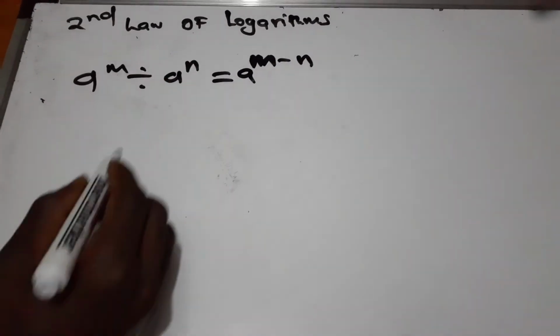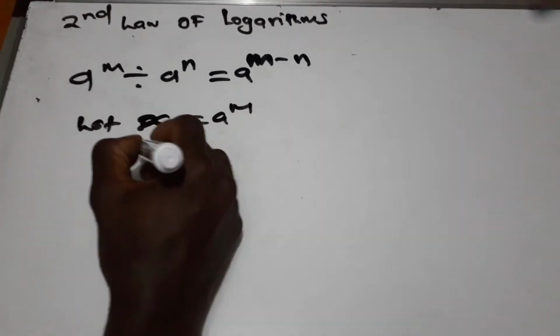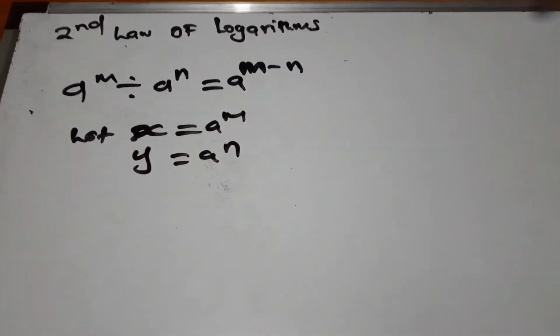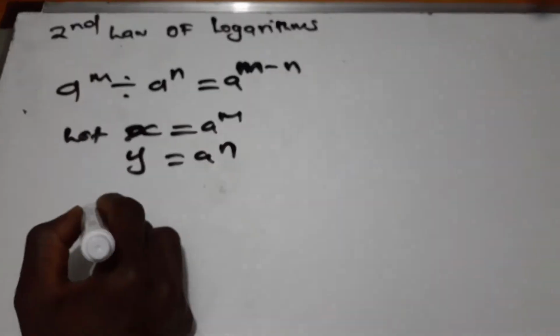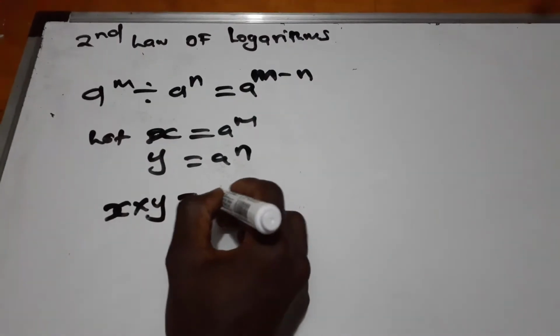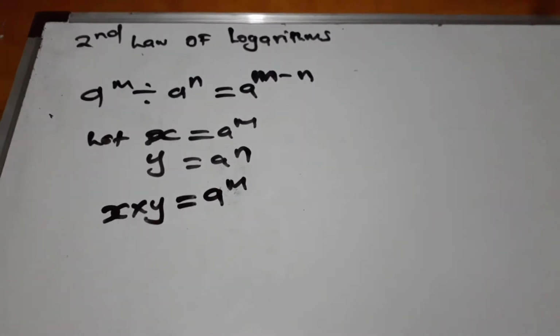So let's say x is equal to a raised to power m and y is equal to a raised to power n.